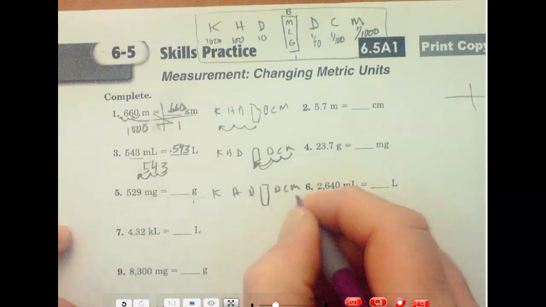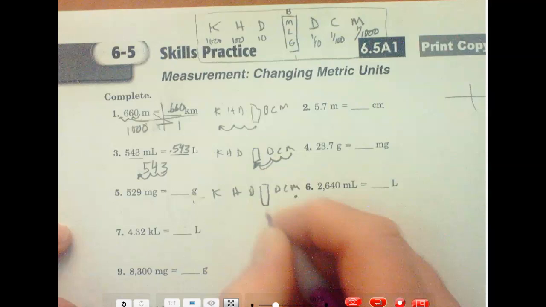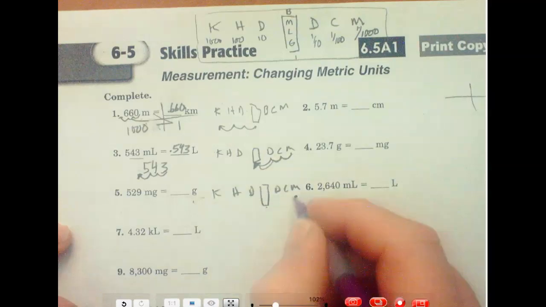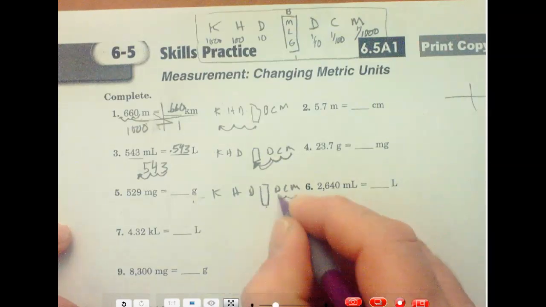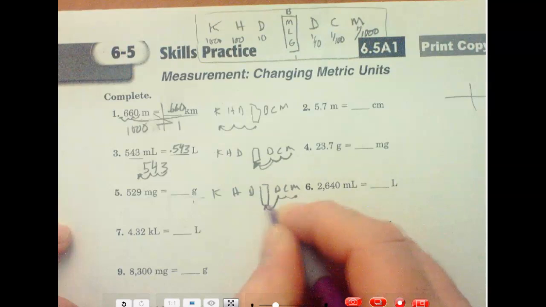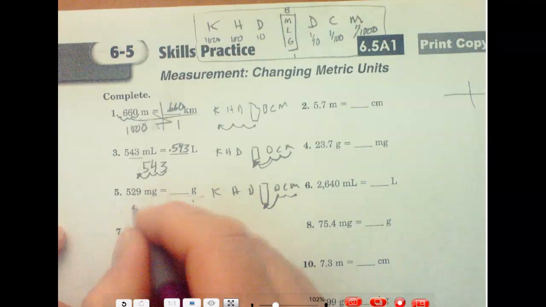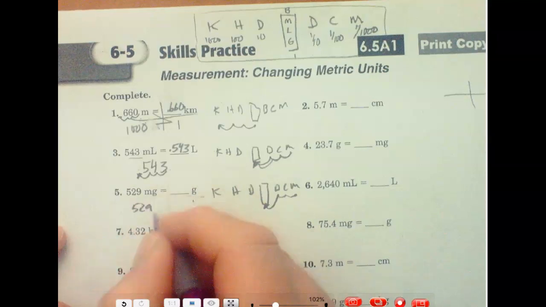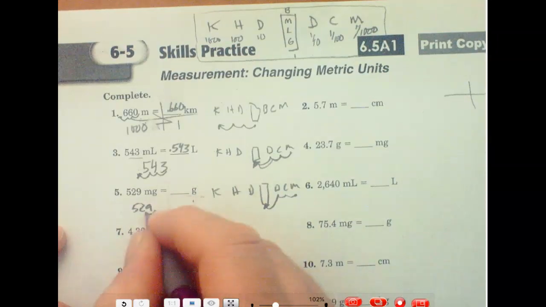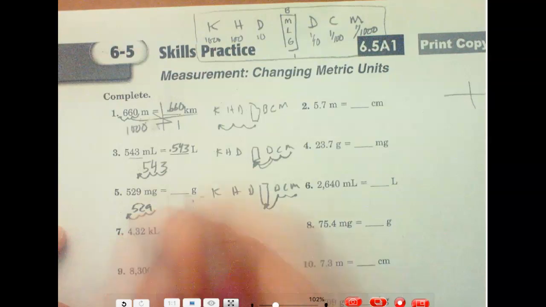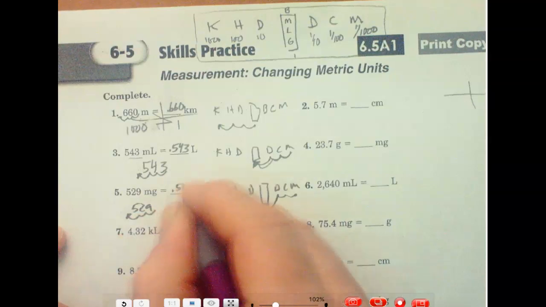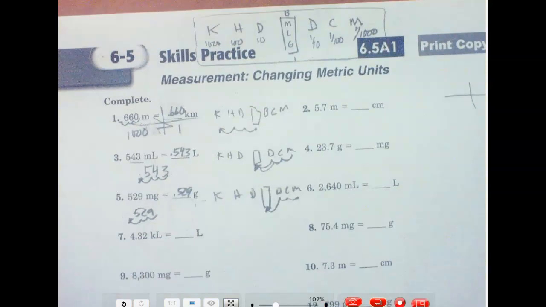I'm over here. And I got to go to here. So 1, 2, 3. I'm going to go 3 places. So here's 529. The decimal's at the end because there's not one, so it's 1, 2, 3. And we're at 0.529 grams.